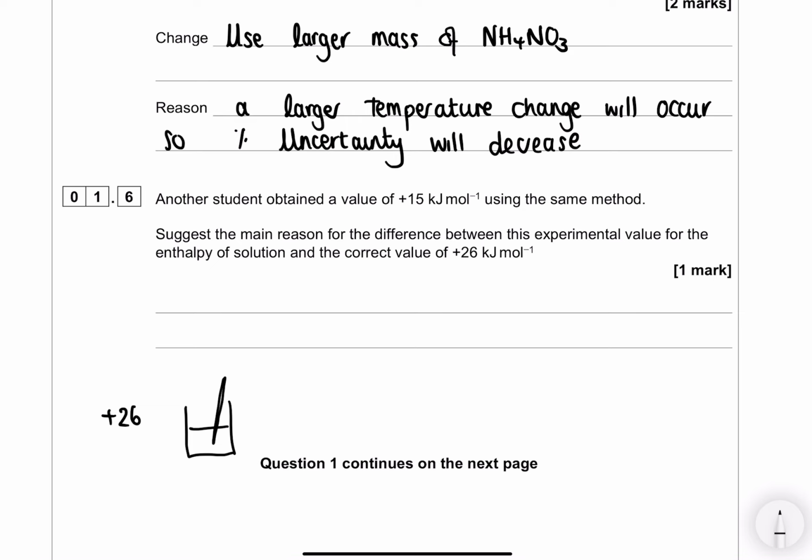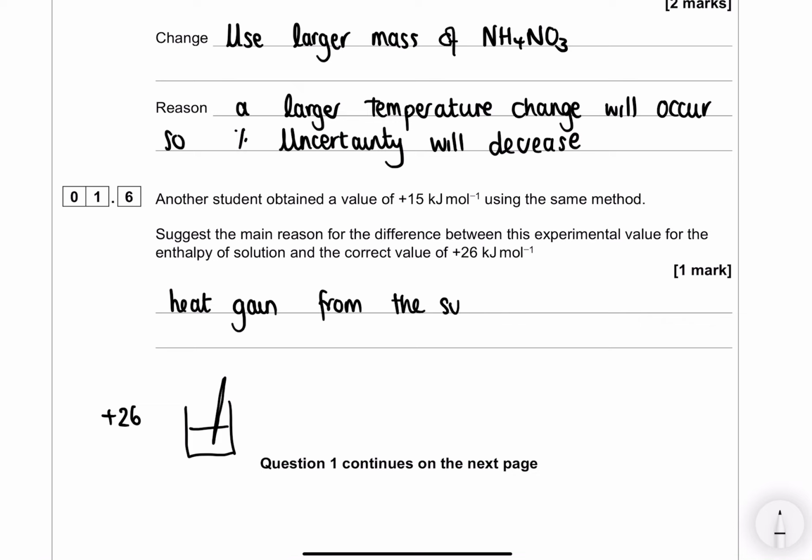Why might that happen? Now, the temptation here is to just immediately write heat loss to the surroundings, but that's not appropriate because this one did not lose heat to the surroundings. This gained heat from the surroundings. So instead of heat loss, we would need to say heat gain from the surroundings.